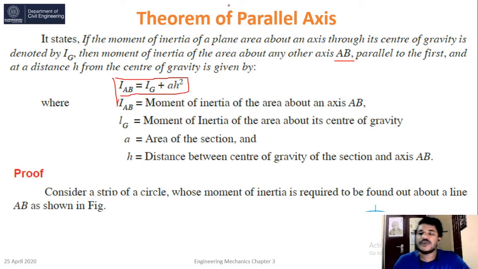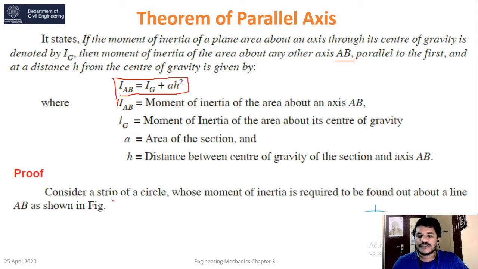Here IAB is the moment of inertia about the reference axis, Ig is the moment of inertia of the area about its center of gravity, A is the area of the section, and h is the distance between the center of gravity of the section and the axis AB. Now we need to prove this formula.